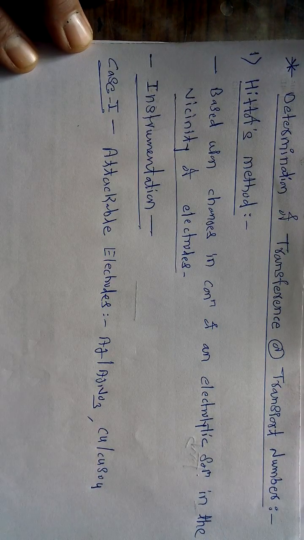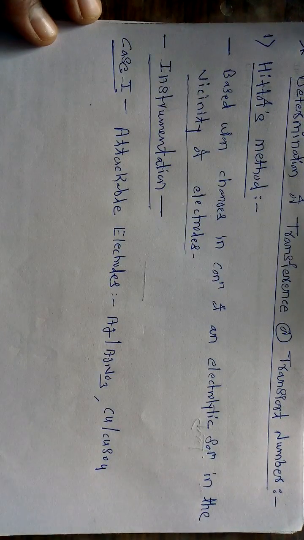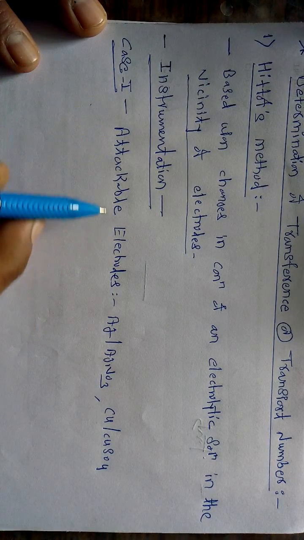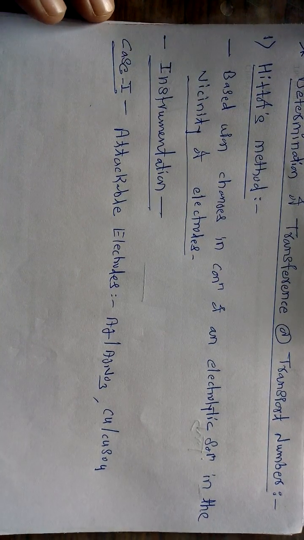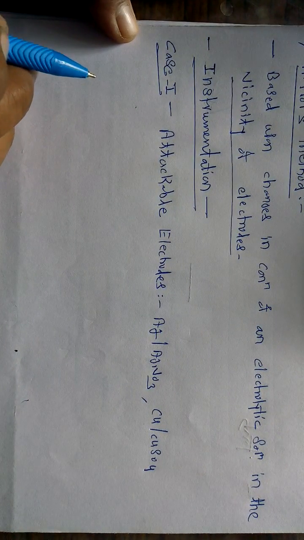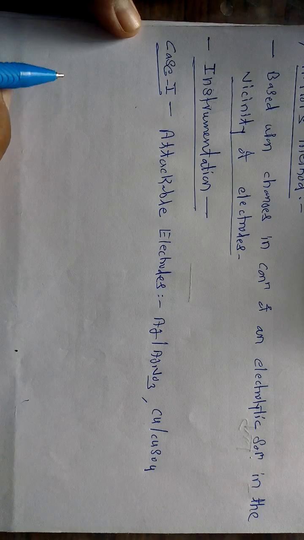So these are some examples of this type of attackable electrodes. We may take another type of electrodes also. So when these attackable electrodes are used, then the transport number of ions can be given by some equations.